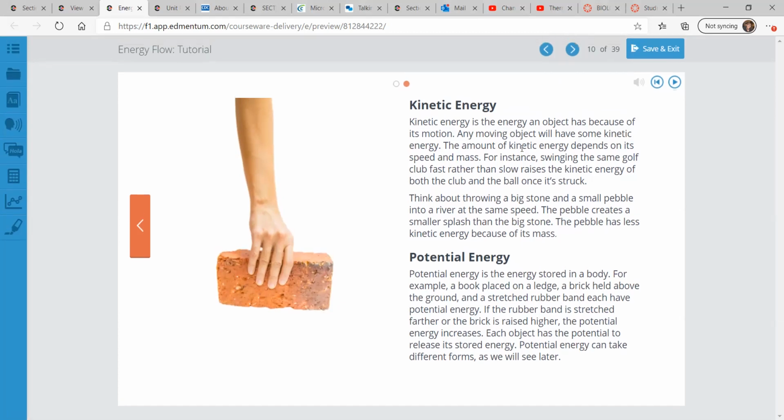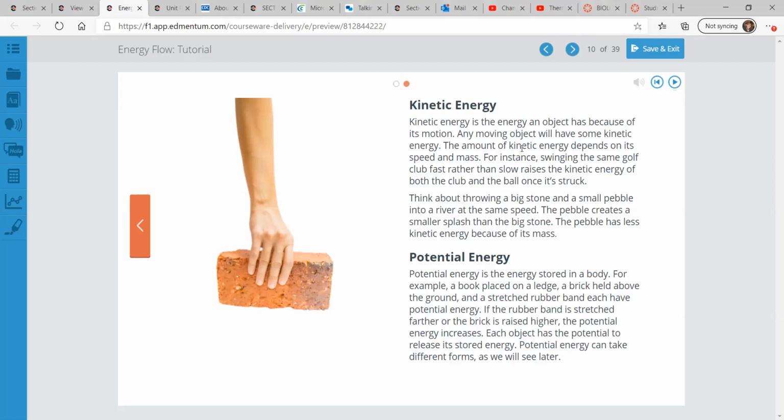Oh, and now we're talking about potential energy. Excuse me. Potential energy is the energy stored in a body or an object. Think of body as in an object, a thing. For example, a book placed on a ledge, a brick held above the ground, and a stretched rubber band each have potential energy.